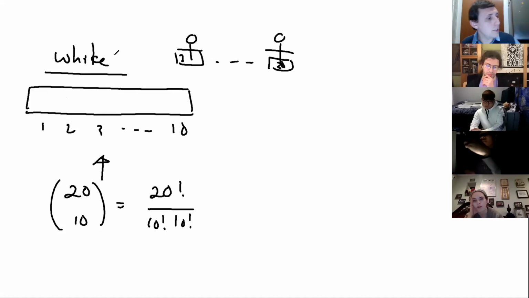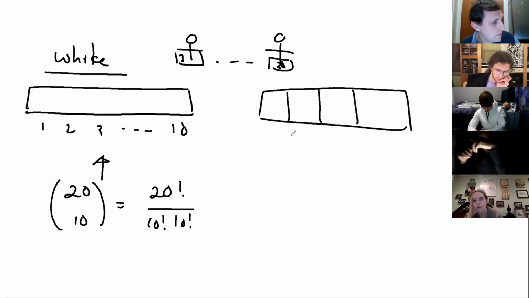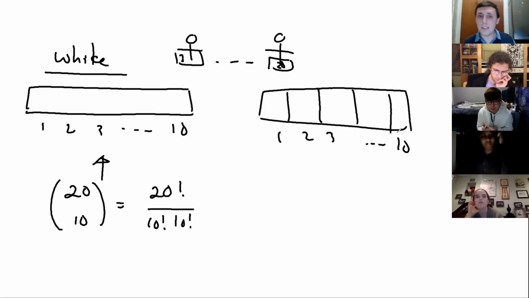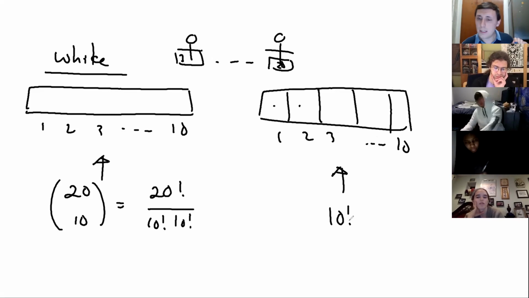So the boxes are divided: 1, 2, 3, up to 10. How many ways to position the individuals here? We have the remaining 10 individuals. The first is 10 choices, the next 9, the next 8. So now it is 10 factorial. Do you see that?